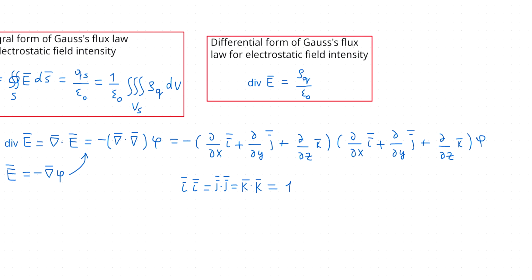And if we have the product i j, or i k, or j k, this will be equal to 0.